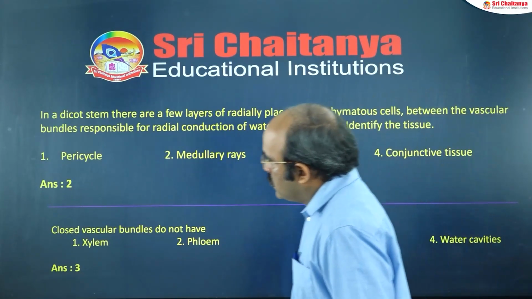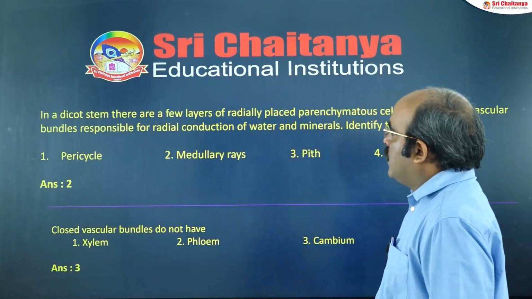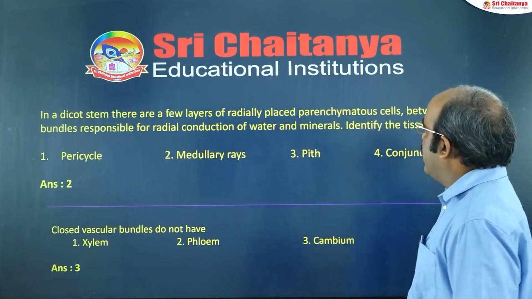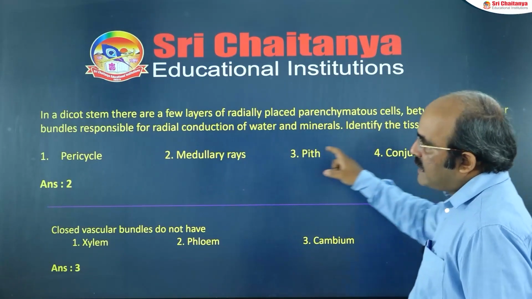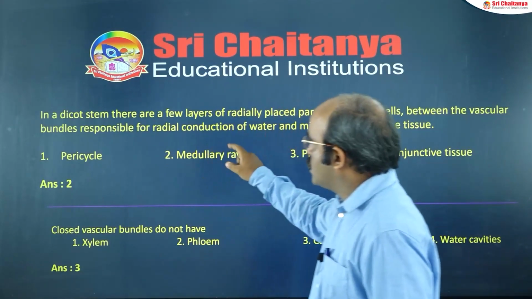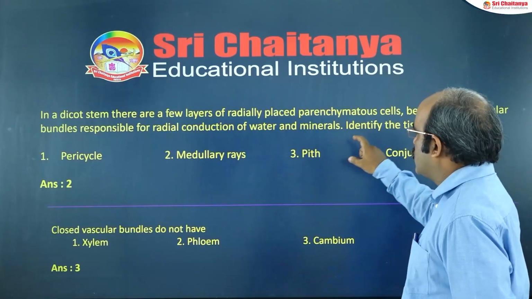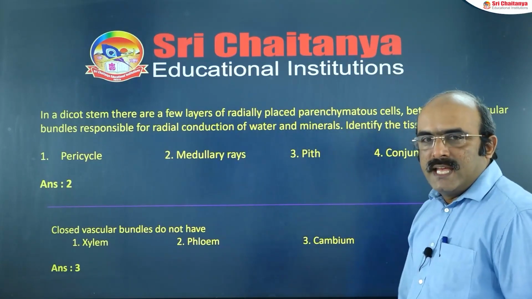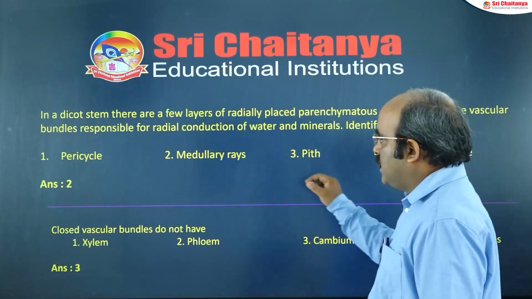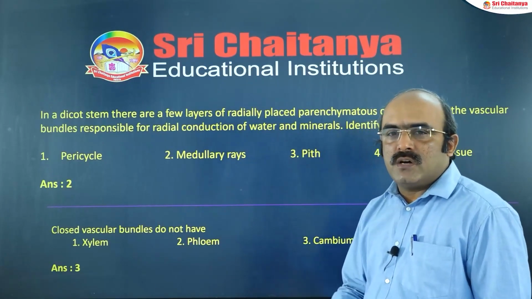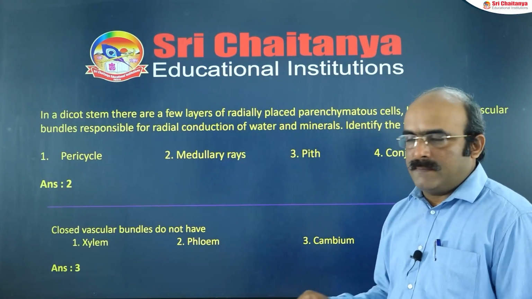Now the next one is, in a dicot stem, there are few layers of radially placed parenchymatous cells between the vascular bundles responsible for radial conduction of water and minerals. Identify that tissue. So what is the tissue that helps in the radial conduction of water and minerals in dicot stem?